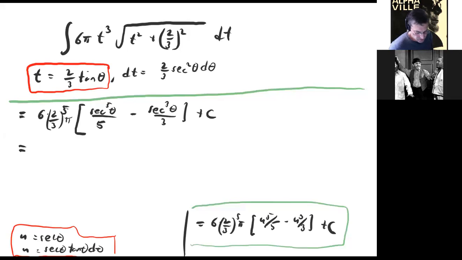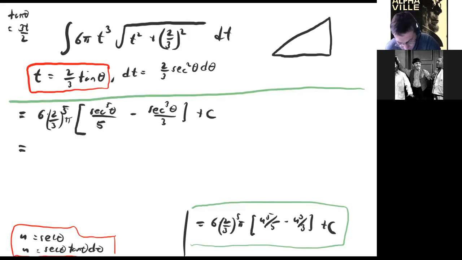We now have to express everything in terms of t, so we need a right triangle. So tangent theta is 3t over 2, I believe. So 3t over 2, and then the hypotenuse would be the square root of 9t squared plus 4. Here's theta. This is our right triangle.